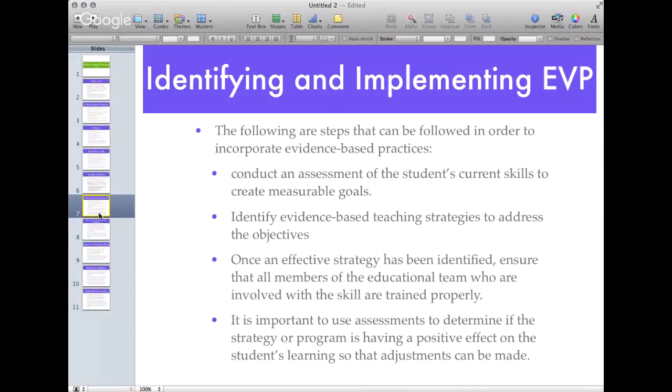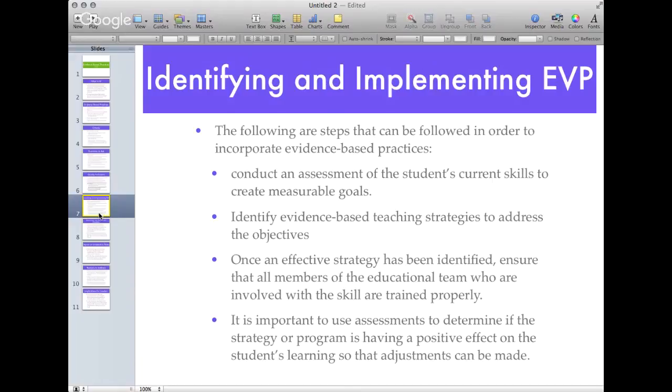Once an effective strategy has been identified, ensure that all members of the educational team who are involved with the skill are trained properly. That's big, because if you're going to implement a strategy that requires training, but all of the educational team hasn't been trained, then that strategy will not be implemented properly. So you need to make sure that everybody that works with that child has been trained.